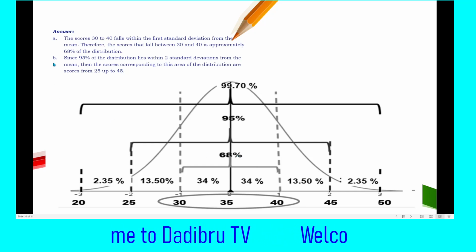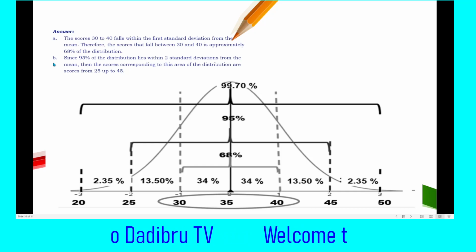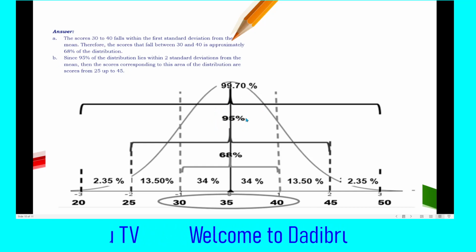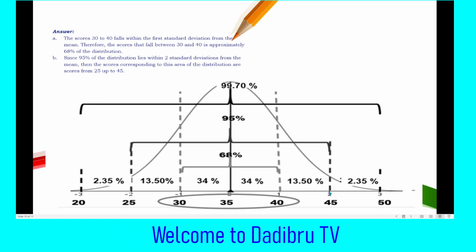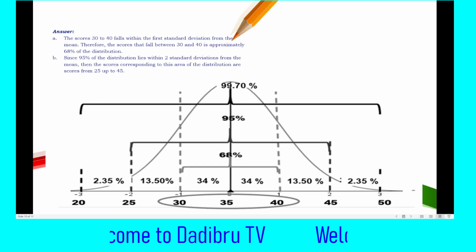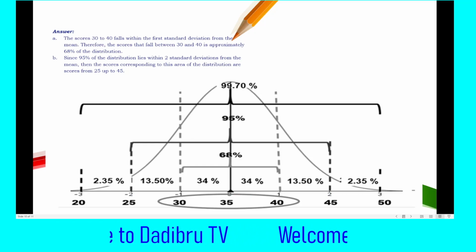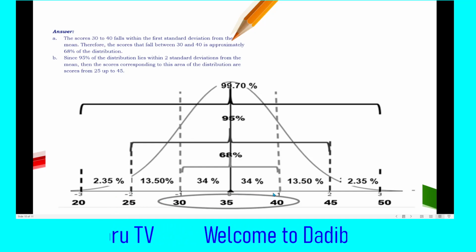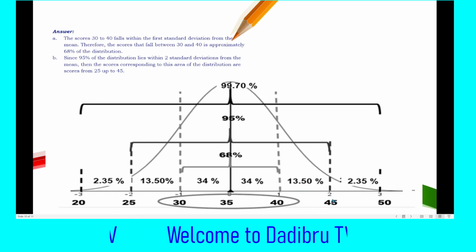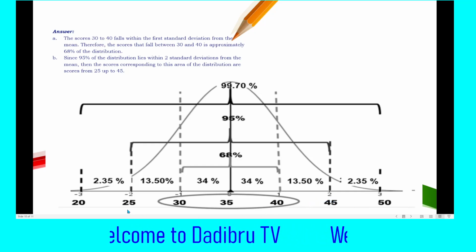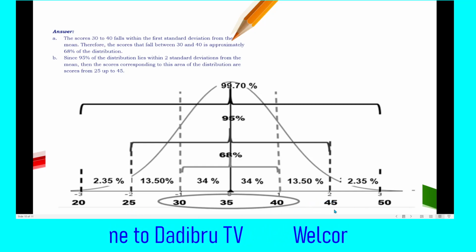Now, for letter B, since 95% of the distribution lies within two standard deviations from the mean, the scores corresponding to this area of the distribution are scores from 25 up to 45.